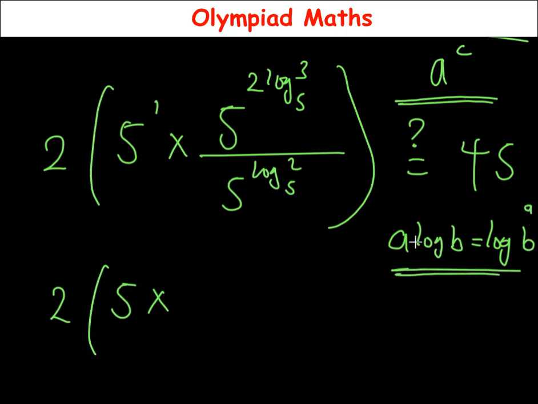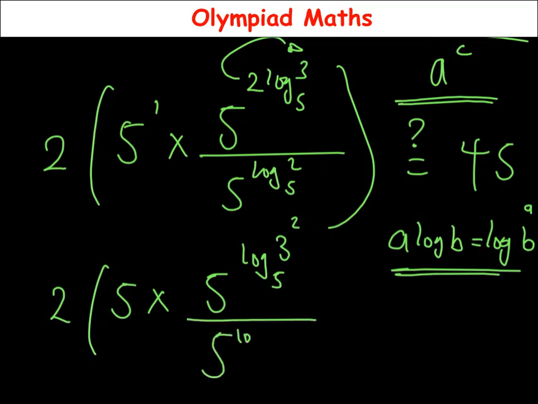So the 2 becomes the power: 5 raised to power log 3 raised to power 2, base 5, all over 5 raised to power log 2 base 5. Is this equal to 45?